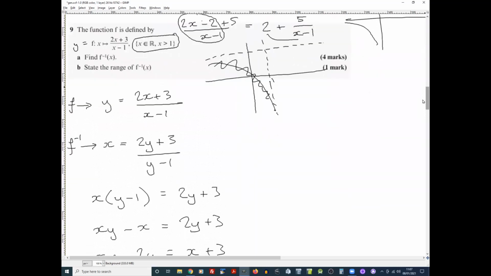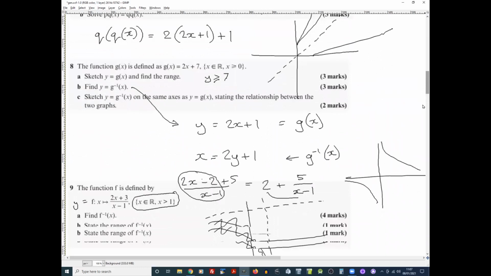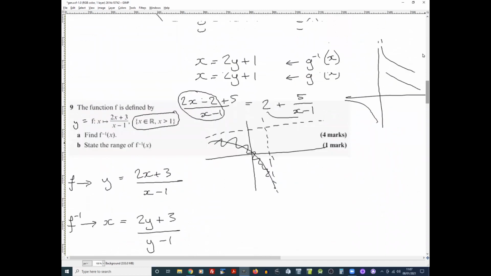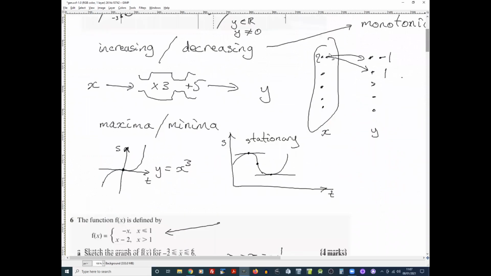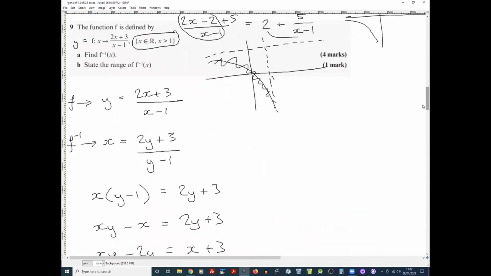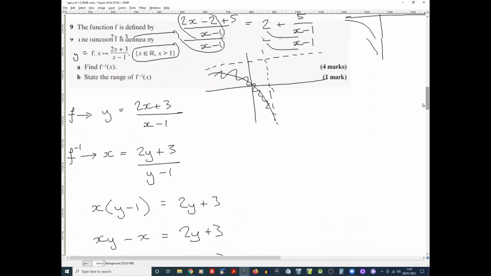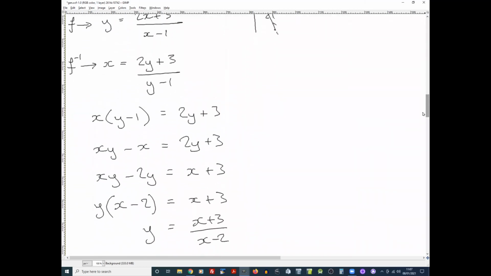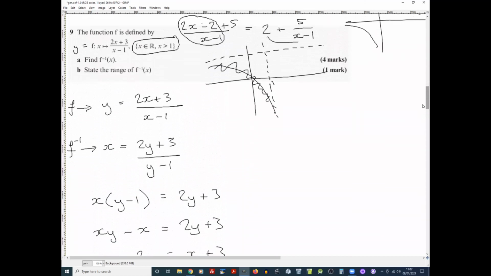Range is y, any real number greater than 1. It's still the same set of values, but now we're calling it y instead of x. So they just flip. You just have to be careful how you say it. That makes sense.